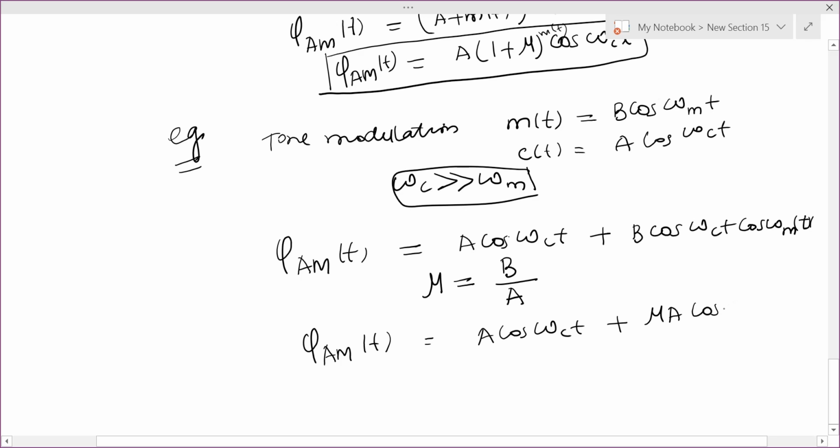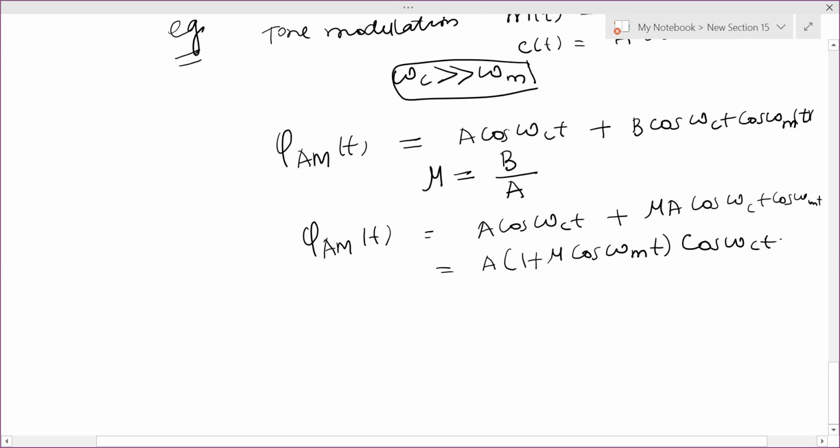Yeah, a cos omega ct cos omega mt, which is a into 1 plus mu cos omega mt times cos omega ct. Now suppose you choose a and b such that mu is 0.5.